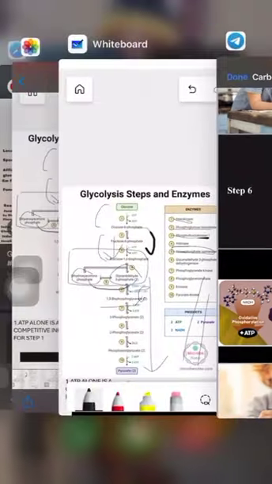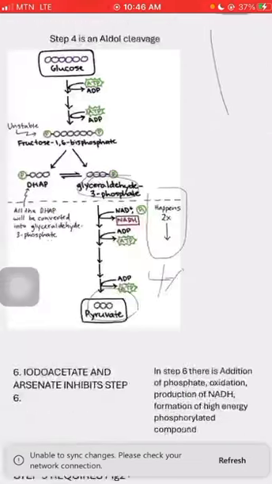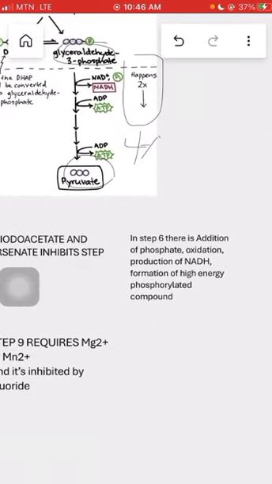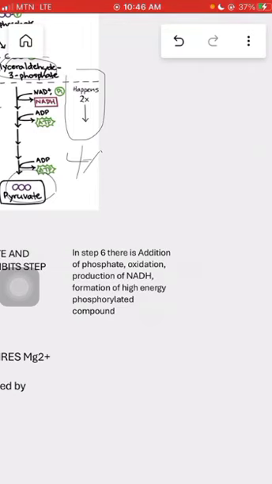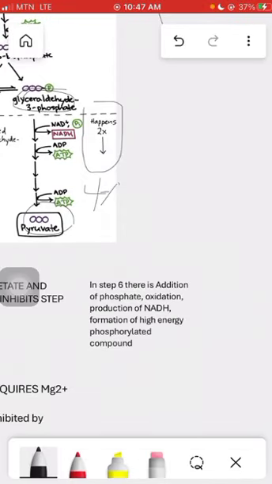You can see that in step 6, there is an addition of phosphate. Because we were having only 1 phosphate, which is glyceraldehyde 3-phosphate. But now we are having 1,3-bisphosphoglycerate. So now we have 2 phosphates. So there is an addition of phosphate. And also there is removal of hydride.